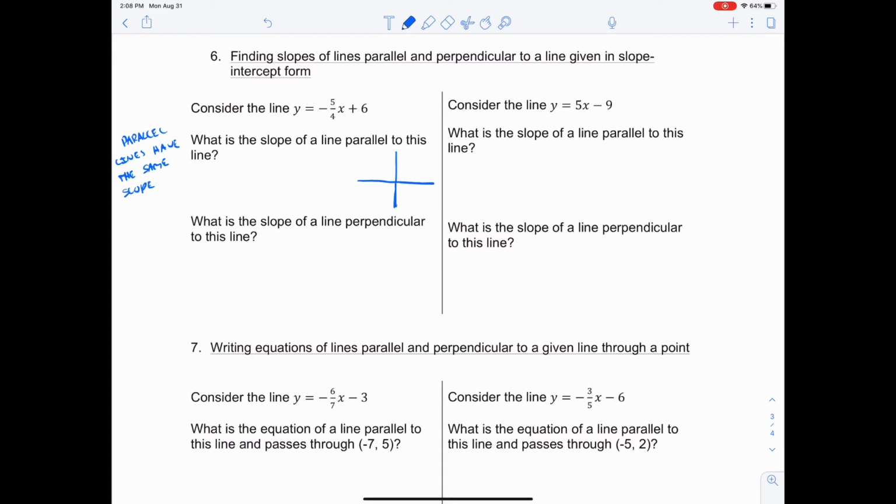Our y-intercept, 0, 6, 1, 2, 3, 4, 5, 6, so a point there. And our slope is 5, 4, 1, 2, 3, 4, 5, 1, 2, 3, 4. So our line is going to look like this, right?